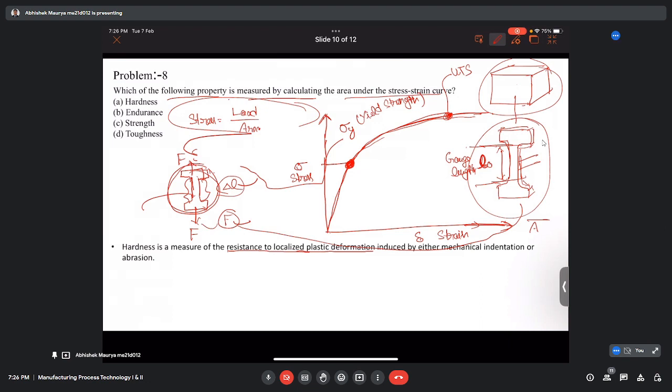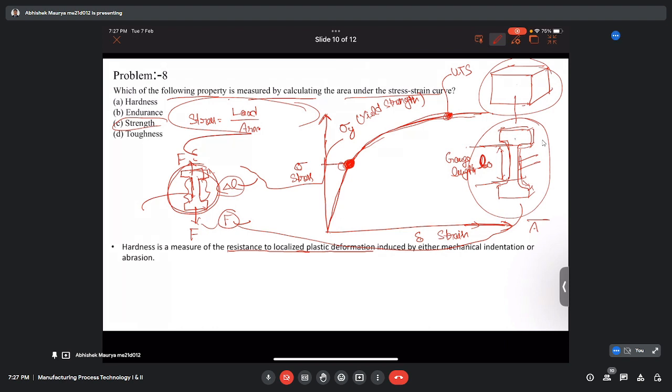So from the stress strain curve, what can we get? One is the strength. The hardness we cannot get because hardness is something different. Hardness talks about the plastic deformation in a localized region.